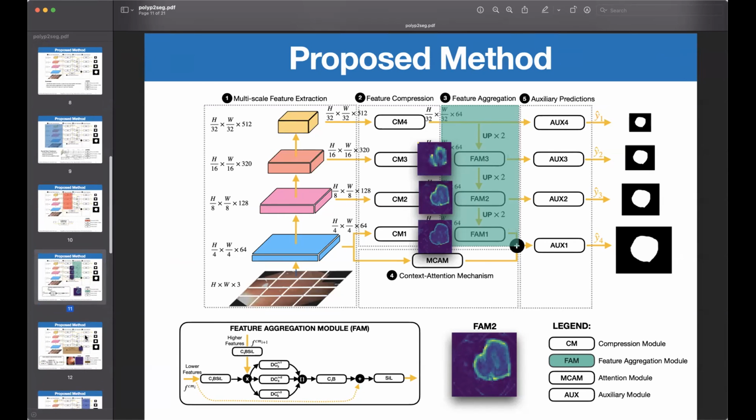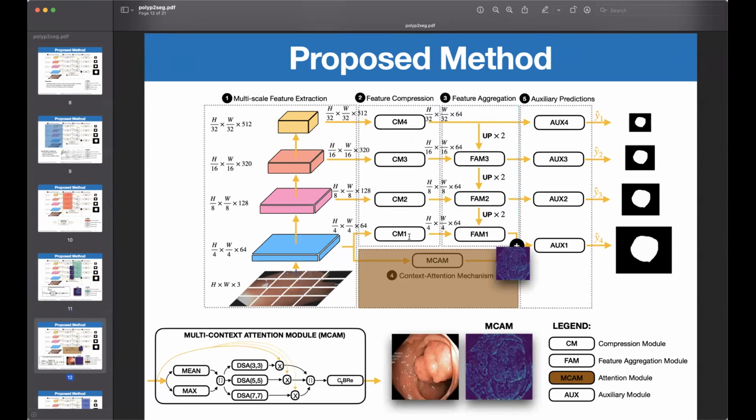Another component is another novel module, which is this context attention mechanism. Basically, the medical literature has shown us that usually it's important to characterize the color and as well the texture information of the polyps.